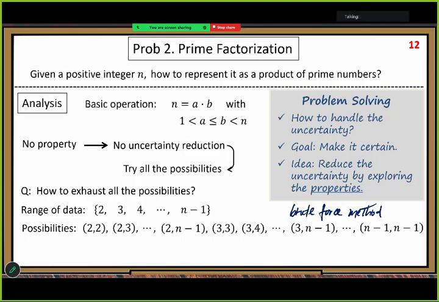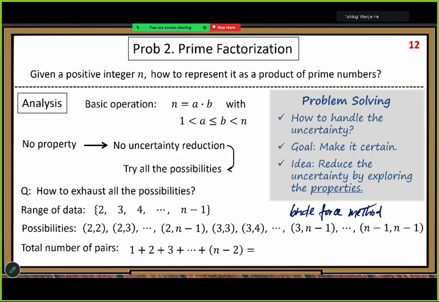All right. Total number of pairs. We need to count the total number of pairs and take a summation. The last round has 1, then the next round 2, and so on.